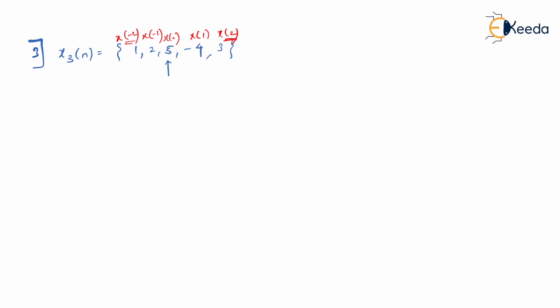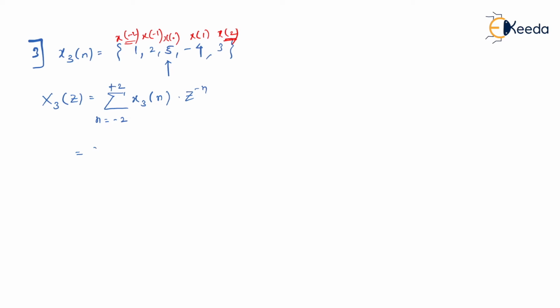Let me just write my x3 of z formula. So x3 of z is the summation from n equal to minus 2 to plus 2 of x3 of n, z to the power minus n.